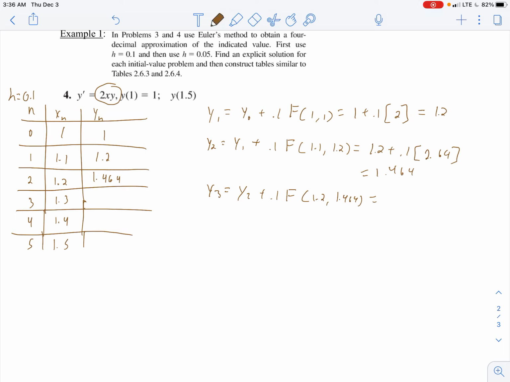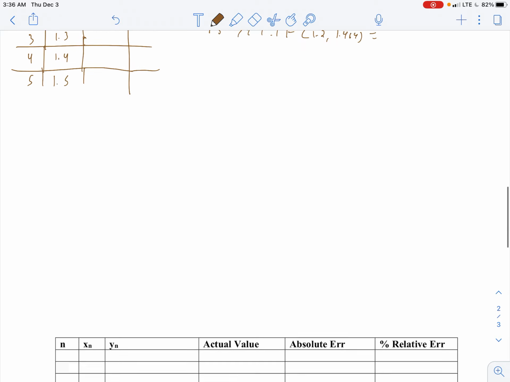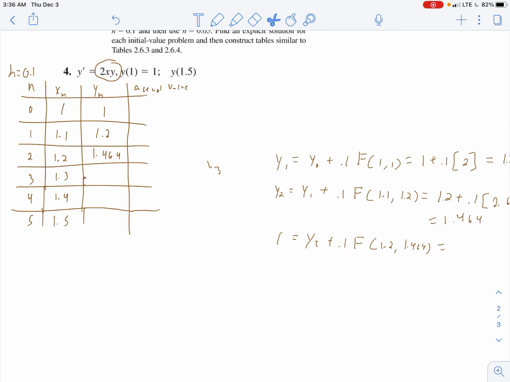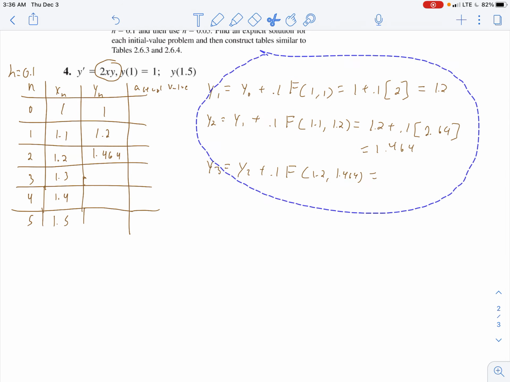Once you've done that, then you're going to try to find, okay, what is the actual value? Let me move all this out of the way. Didn't grab everything.